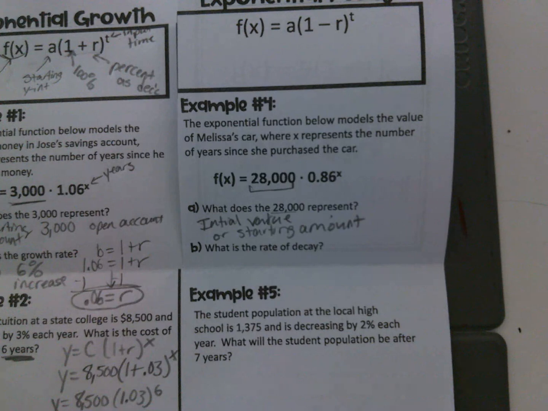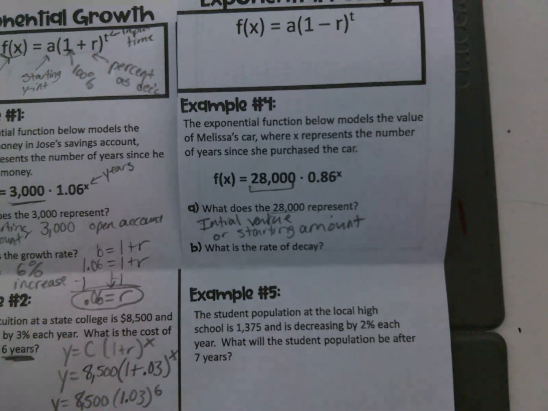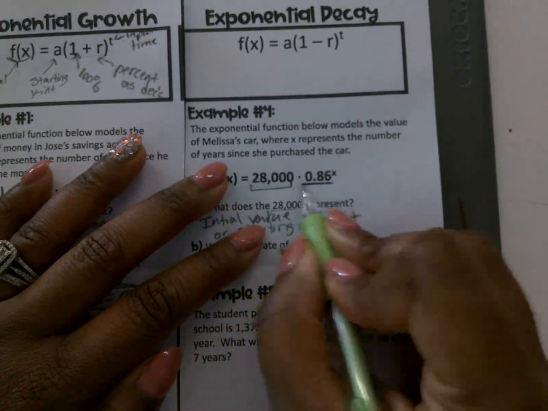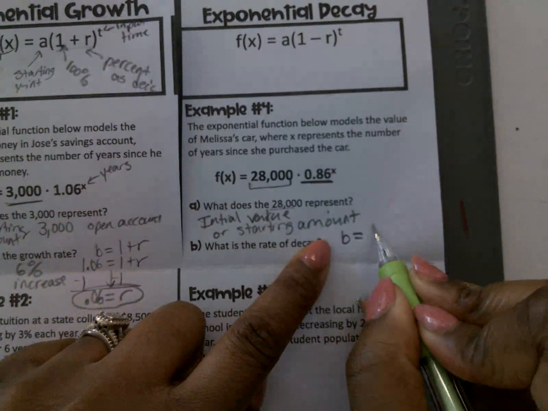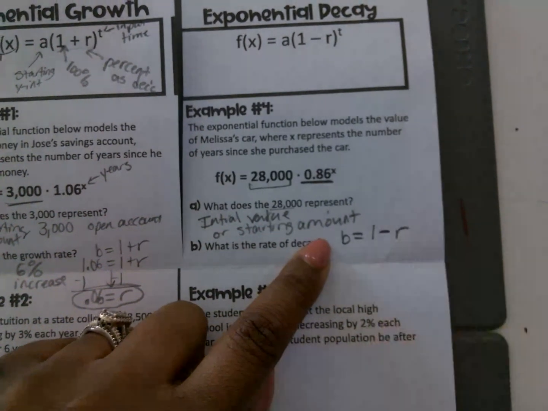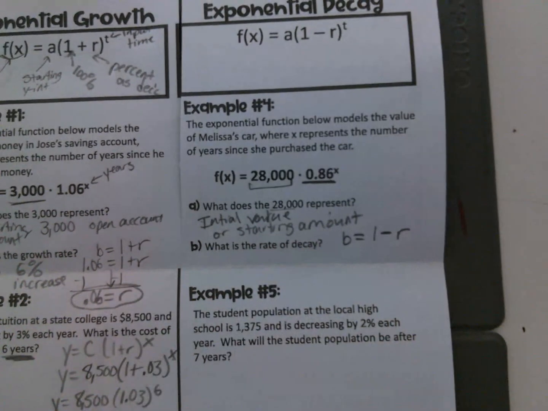The common ratio is not the rate of decay. Remember, B is the common ratio. But remember, B for decay is equal to 1 minus R, okay? It's not R itself. It's not 86% decrease. That's not the way it goes.